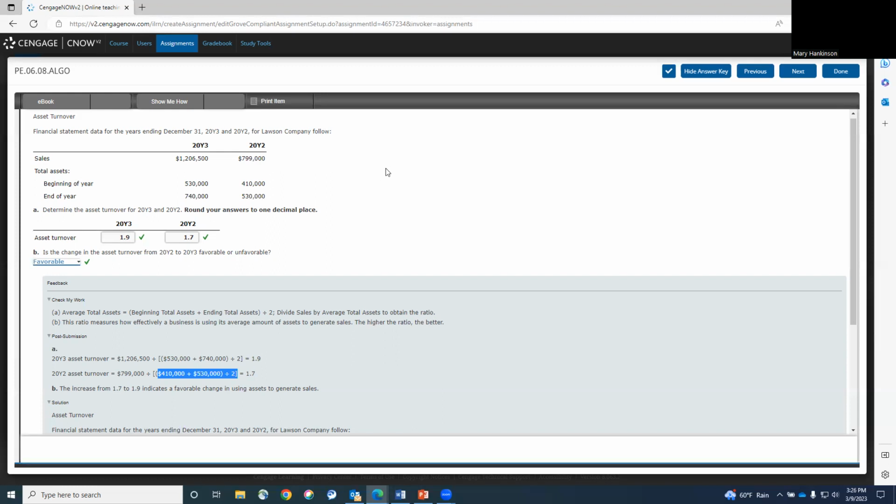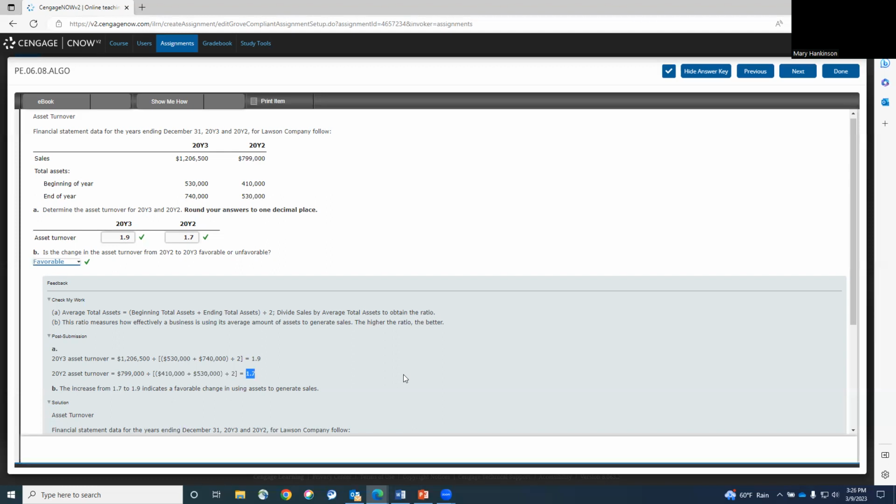So your total average assets for year 2 equals 470,000. We would take 470,000 and divide that into your total sales of 799,000. And we have an asset turnover of 1.7.